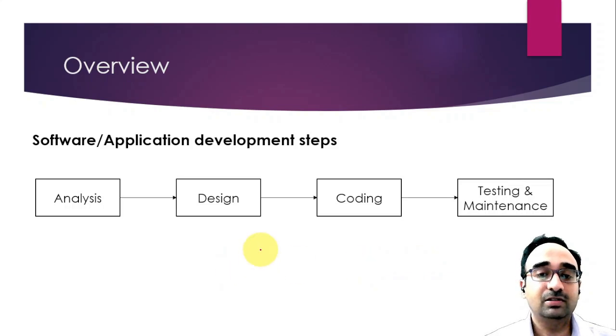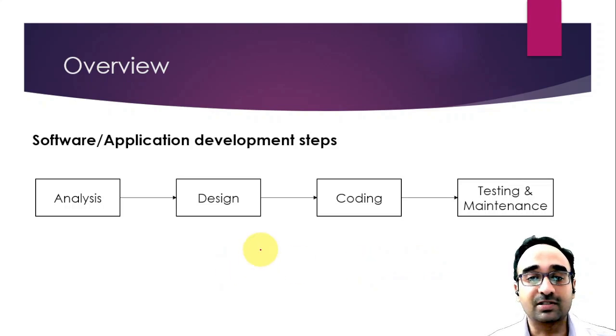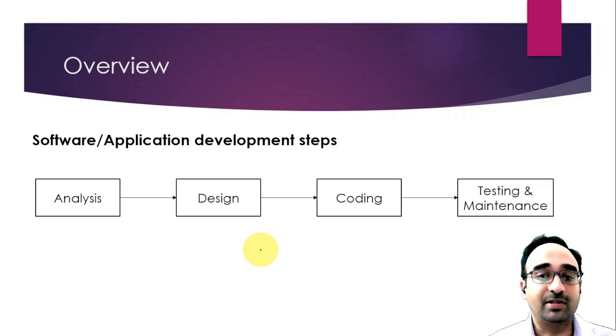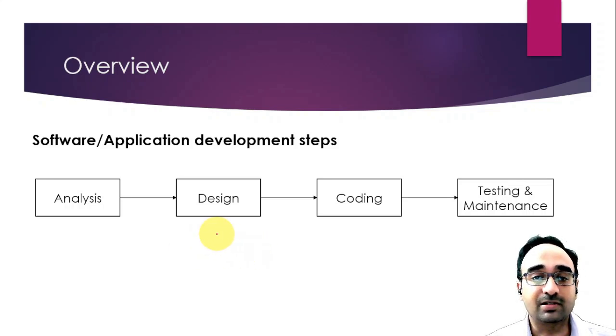Now before going to what is database design and schema refinement, I would like to cover some of the things I have already told you previously. If you look at software or application development, there are 4 steps: analysis, design, coding, and the last one is testing and maintenance.